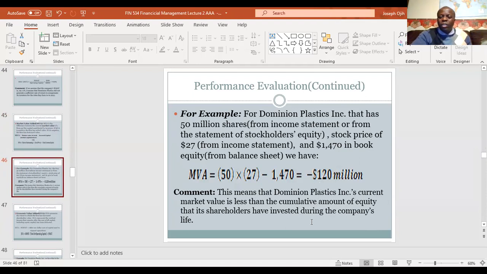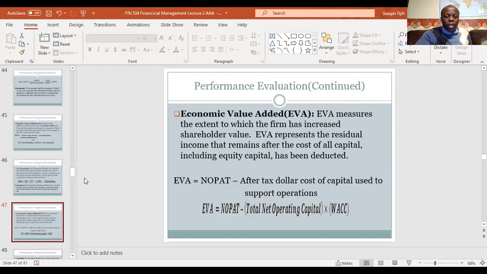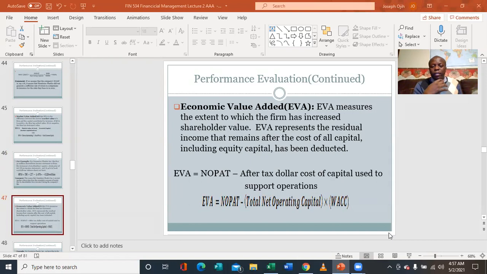Its current market value is less than the cumulative amount of equity that its shareholders invested. Now we move to the next evaluation measure, which is the economic value added.